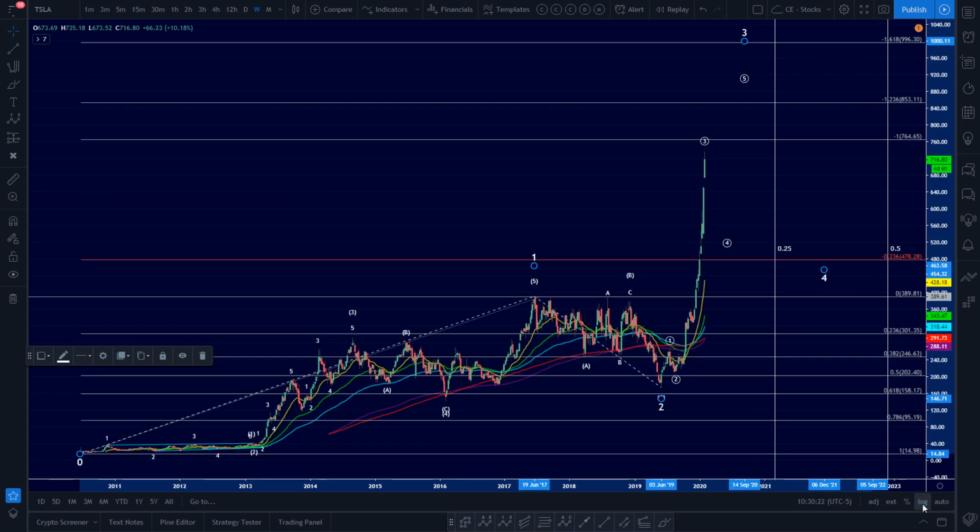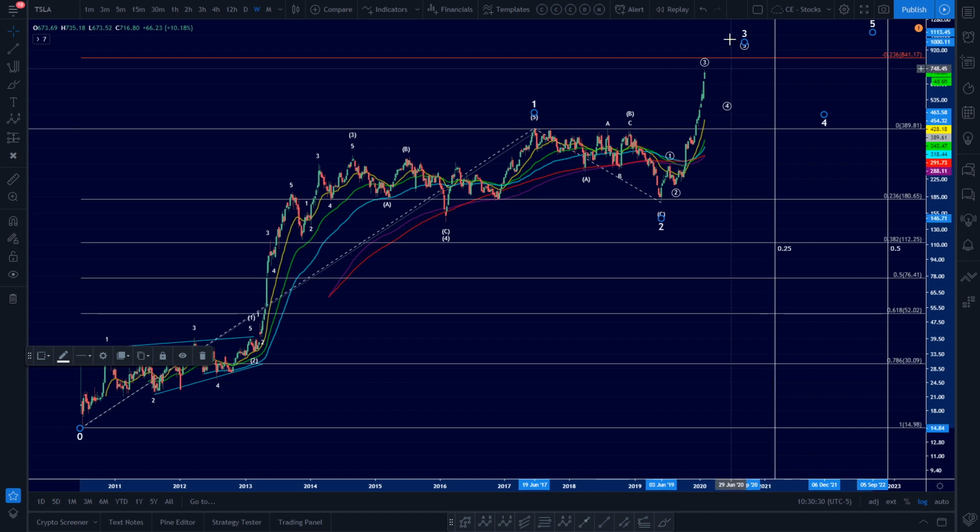Looking at the linear scale, this does look pretty unsustainable for us to continue to move much higher than this. Although recognize that we can. But nonetheless, let's go ahead and wait for a consolidation and then a last push up. Then we'll do a retrace, and then we'll kind of mark out that price action as it comes.